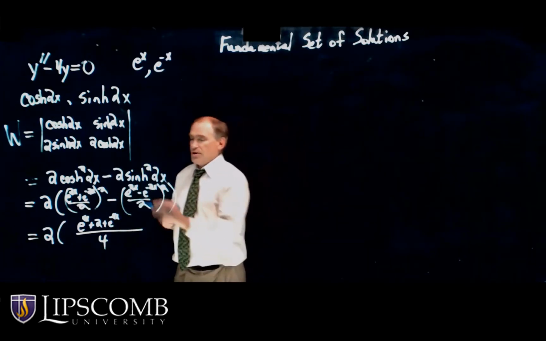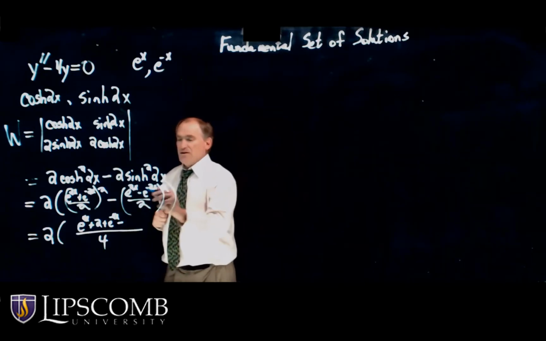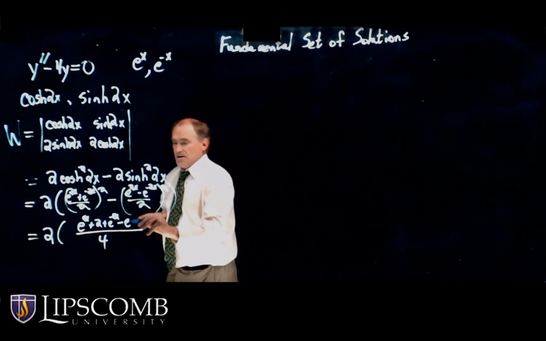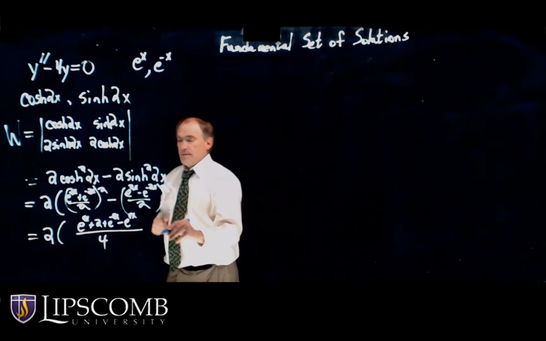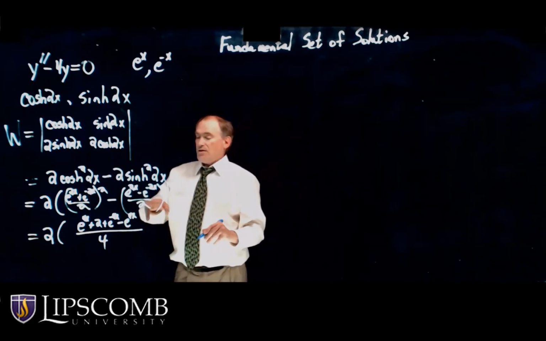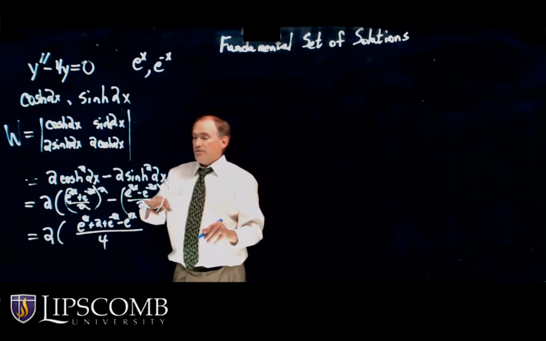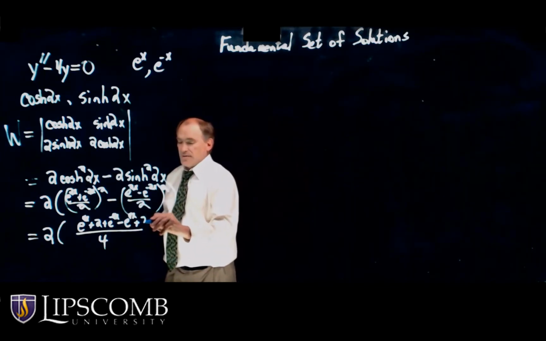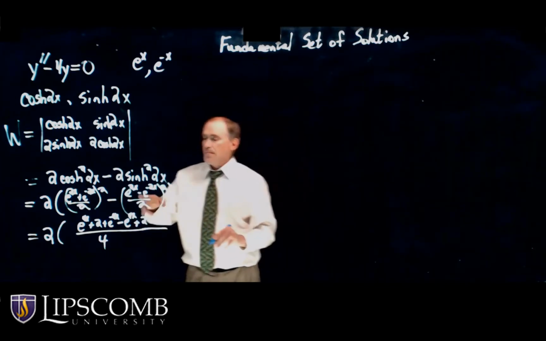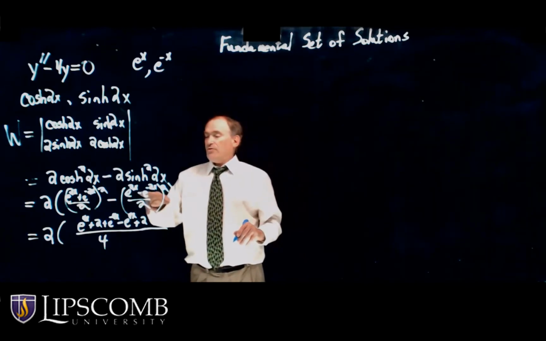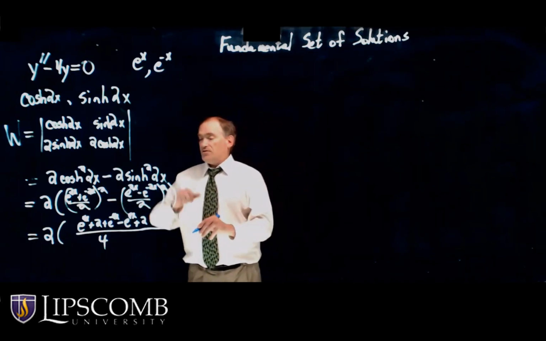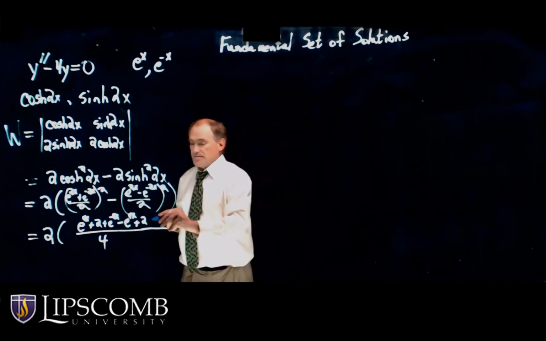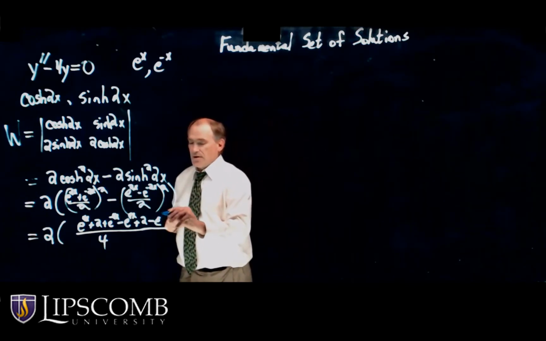Now watch, here's what I get here. I get minus, again, e to the 4x. I've got a minus in there, so this would be a minus 2, but that'd be a plus 2, because a minus is a plus. That's squared, so minus squared is positive, but then this minus makes it minus e to the minus 4x.